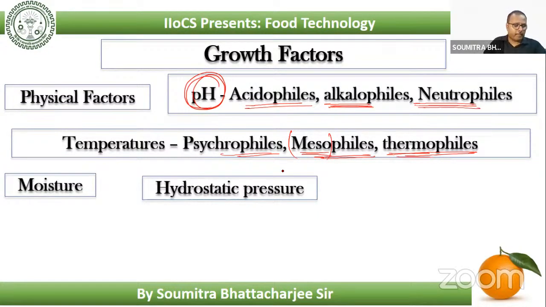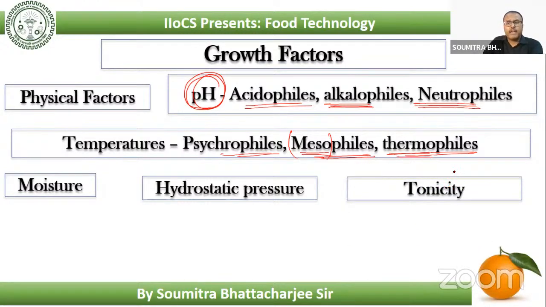Hydrostatic pressure is the water pressure which is present in that case. We have tonicity. What is tonicity, students? If you can tell me, tonicity means concentration, the concentration of the solution. Based on the concentration of solution, we have hypertonic, hypotonic, as well as isotonic environments.